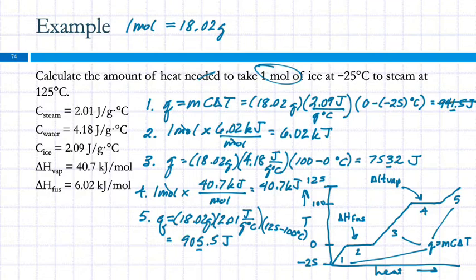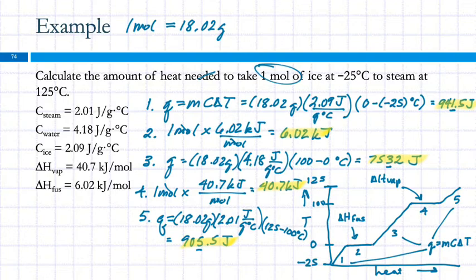So I've got 5 answers right now, and some of them are in kilojoules and some of them are in joules. I need to convert them all to the same, so I'm going to pick kilojoules.